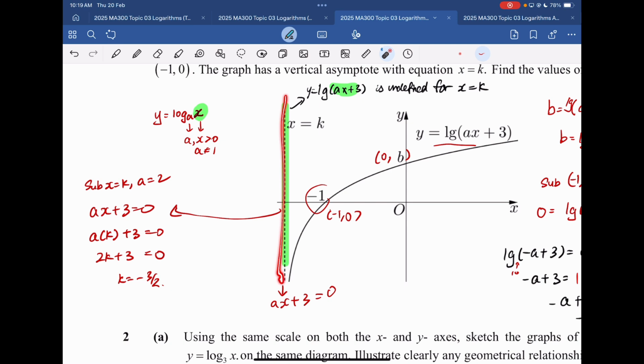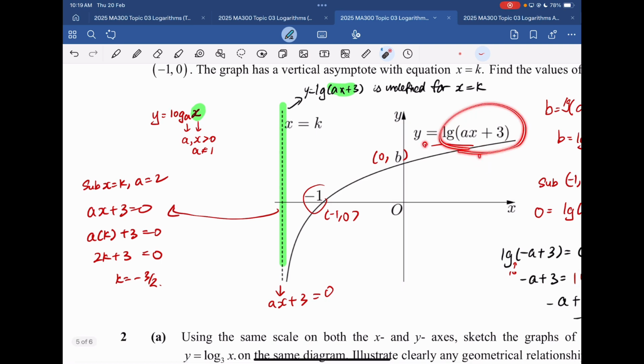This is my last boundary where the value inside equals 0. So I'm making use of the zeros of the function to check that k is negative 3 over 2. That means the inside will be equal to 0. Y is defined for all values, but x is only defined for ax plus 3 more than 0.